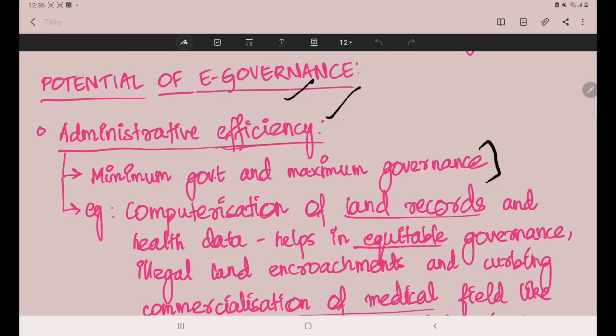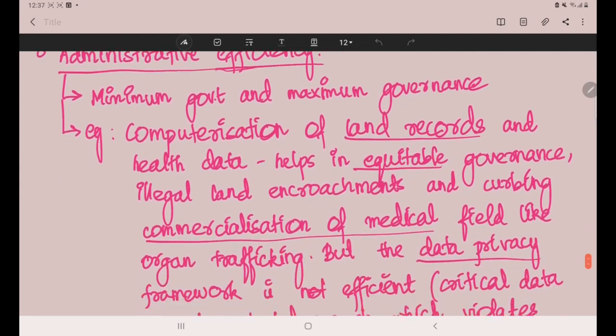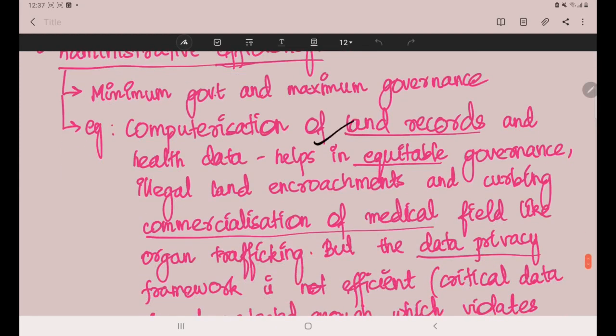Here I have taken the example of Bhumi portal of Karnataka. There was computerization of land records and health data. With respect to land record computerization, you can quote Bhumi portal of Karnataka. And I have taken another example, that is the computerization of health data.